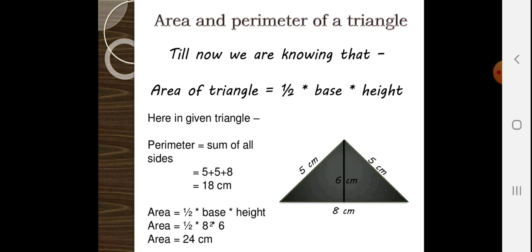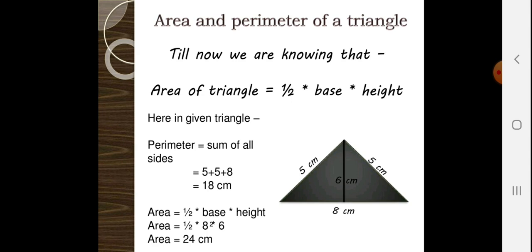To find the area, we apply the formula area equals 1/2 into base into height. So 1/2 into base, which is 8 centimeter, into height, which is 6 centimeter. 8 6s are 48, divided by 2, that is 24 centimeter square.